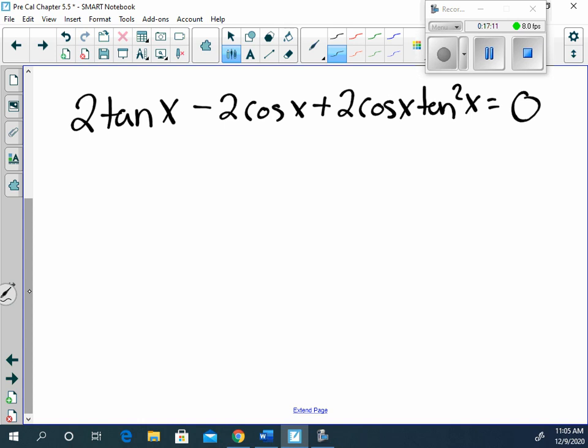Here, well, since this is cosine of x and tangent squared of x, it doesn't quite work out. Now we need to see where we want to go next. That shouldn't work.